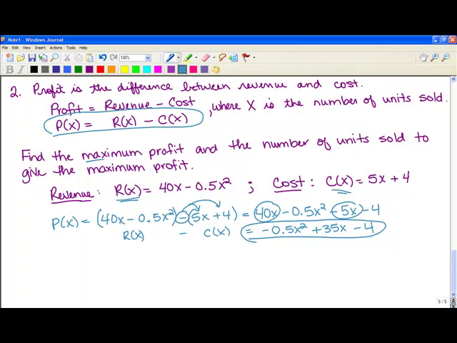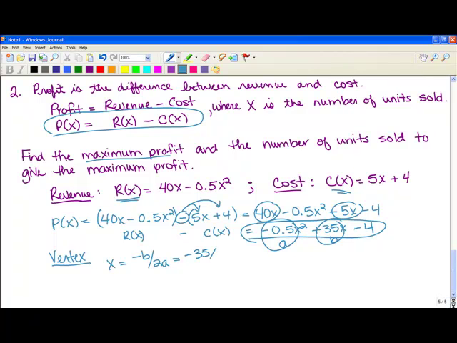Now, in order to find the maximum profit, we need to find the vertex, because the vertex is the maximum point. So in order to figure out the vertex, again, we'll do the same calculation. X is negative b divided by 2a. In this problem, a is negative 0.5 and b is 35.